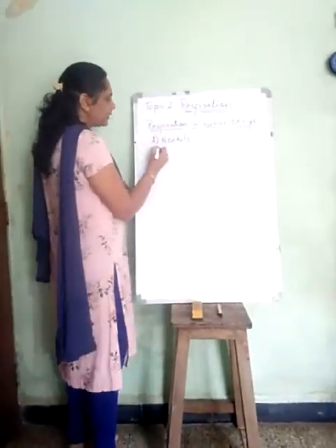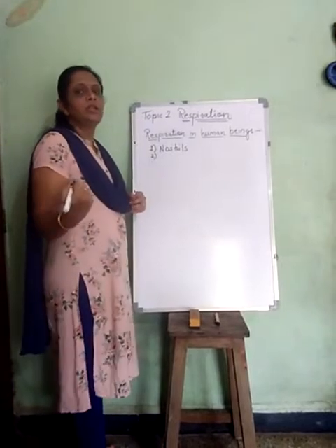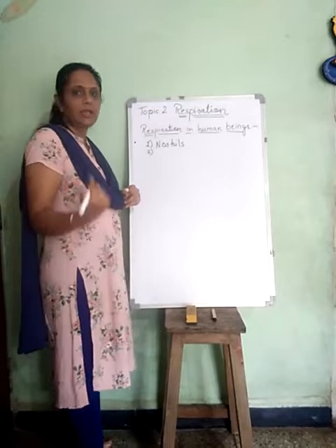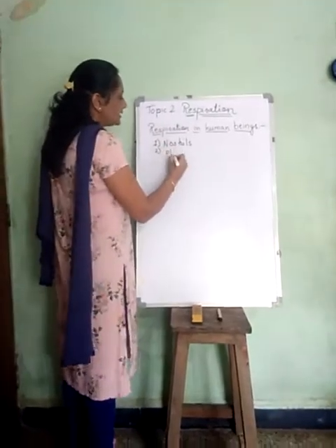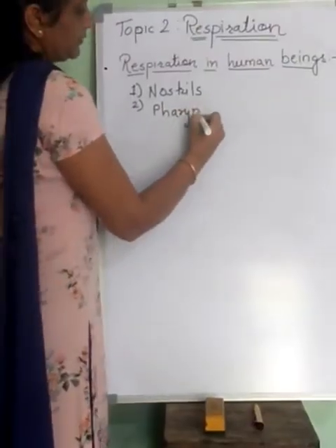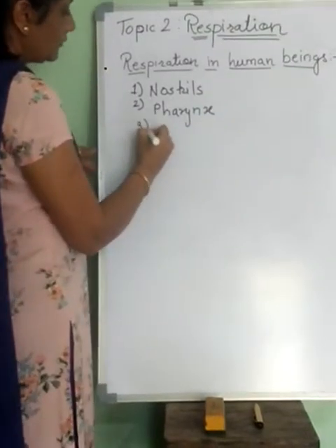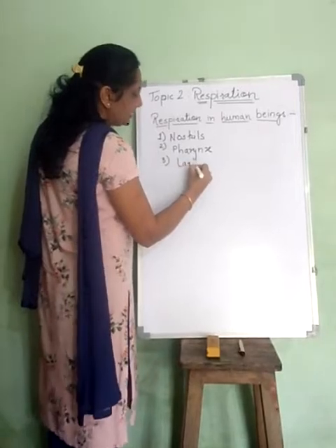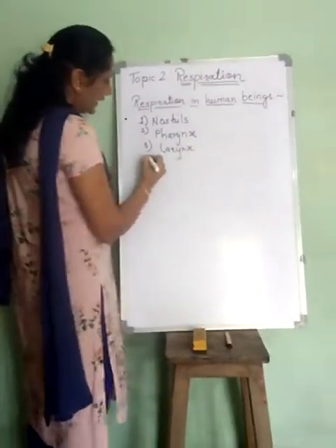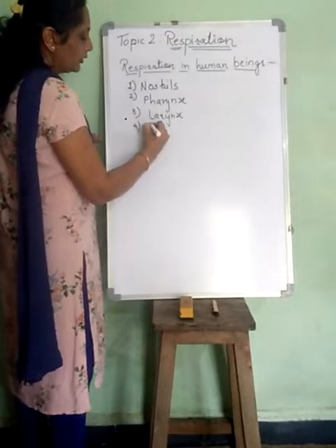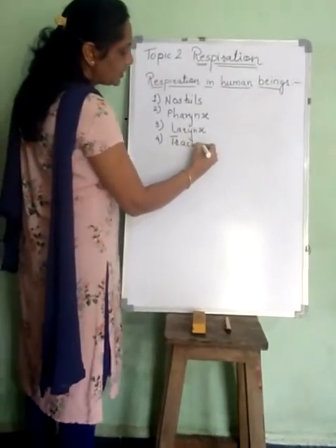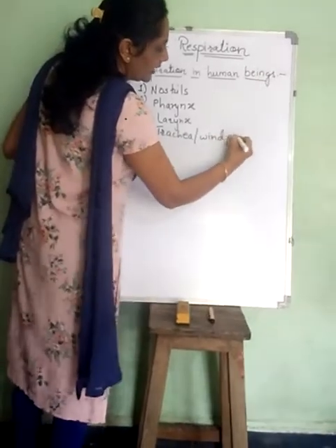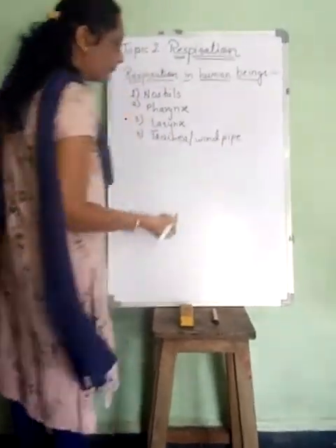Second, the nostrils extend down in a long tube-like structure which has different parts. The first part is called the pharynx. The second part is called the larynx. The larynx extends down to the trachea, which is also called the windpipe.